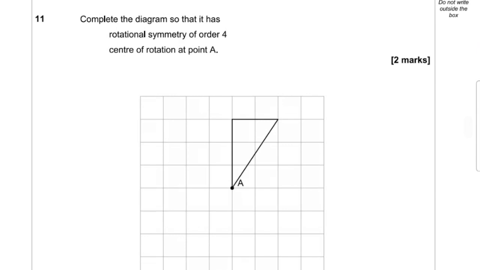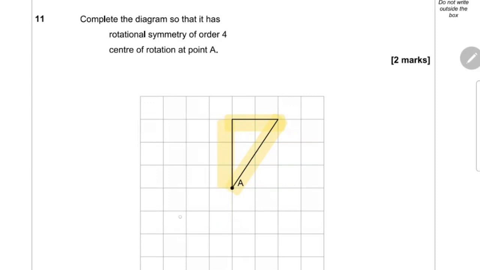Question 11. Complete the diagram so that it has rotational symmetry of order 4. Centre the rotation at point A. So what that actually means is that we want to draw in every rotation of 90 degrees of this triangle here. How do I know it's 90 degrees?